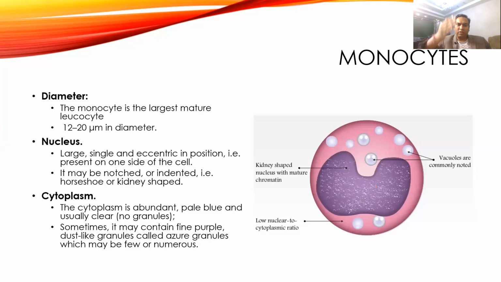If you see the front view, sometimes you will see a notched or indented type of nucleus. The cytoplasm usually contains no visible granules, and it is abundant. The proportion of cytoplasm and nucleus is almost similar. The clue is that the cytoplasm color will be pale blue, and it might contain small purple granules. These are called azurophilic granules or azurogranules.